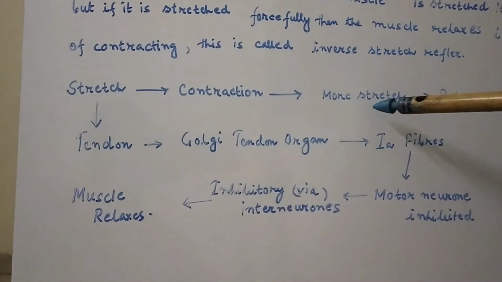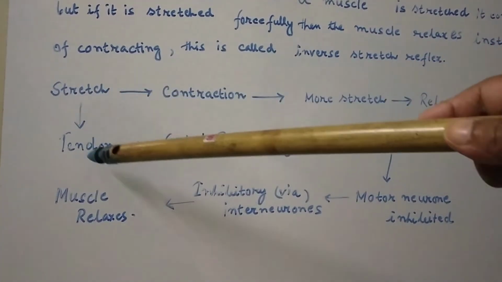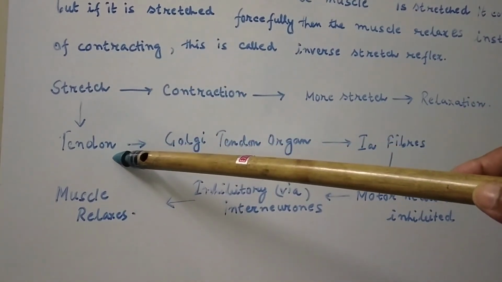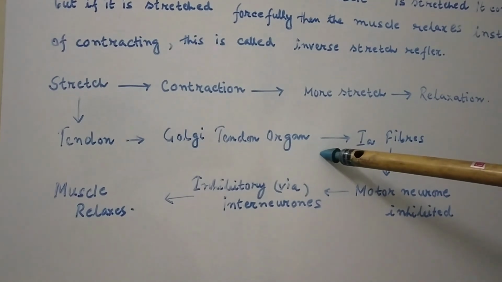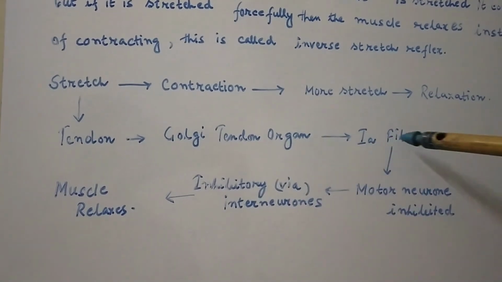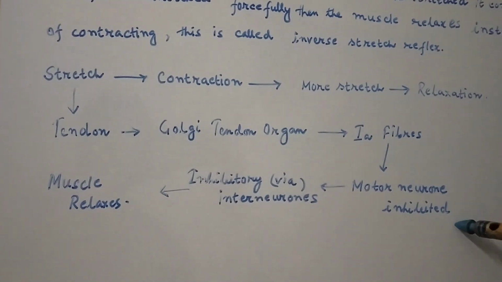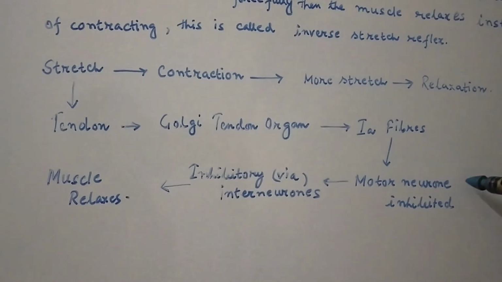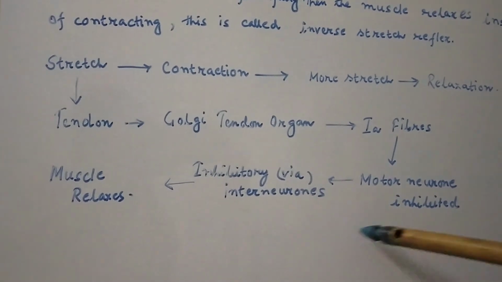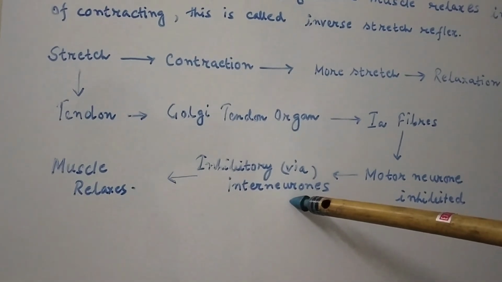Again, if there is more stretching, then there will be a relaxation, and that whole thing goes with stretching of the tendon, and this tendon is stretching the Golgi tendon apparatus. As a result, through the 1A fibers, it goes to the motor neuron, and the motor neuron is inhibited. That inhibition of the motor neuron is relaxing the muscle with the help of the inhibitory interneurons.